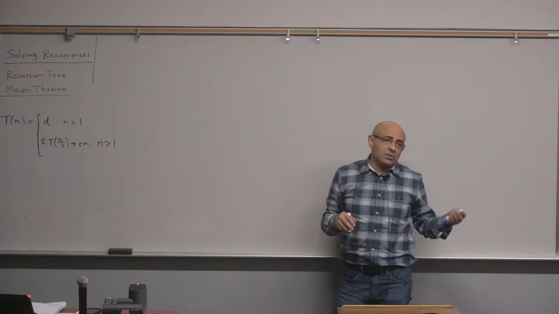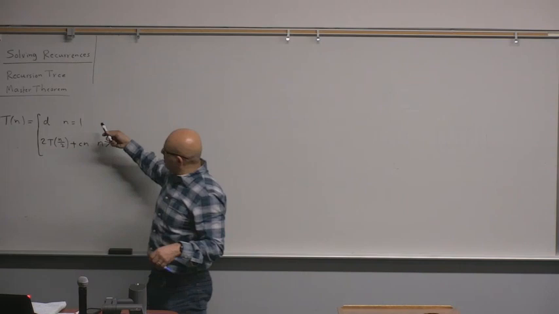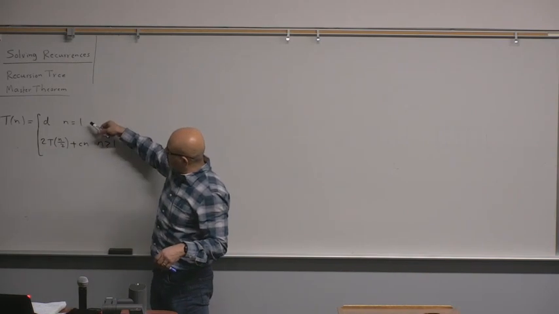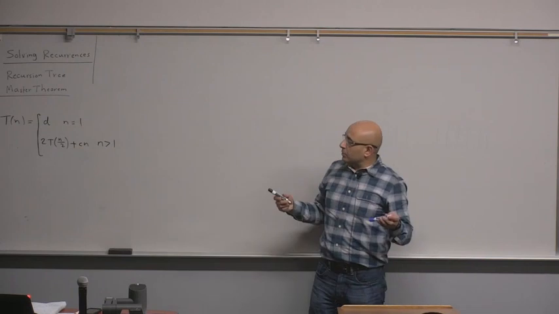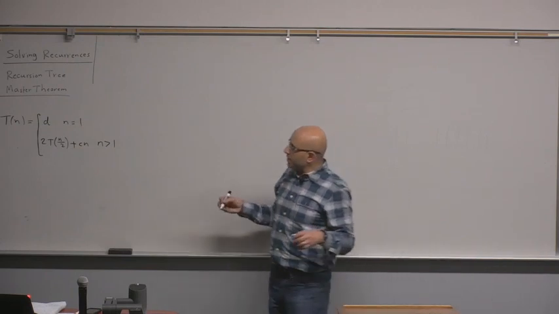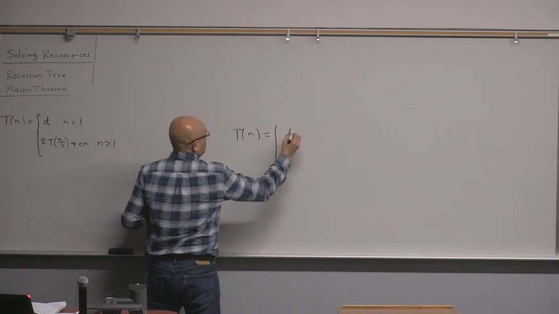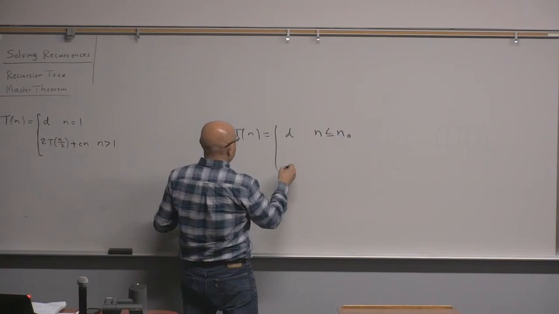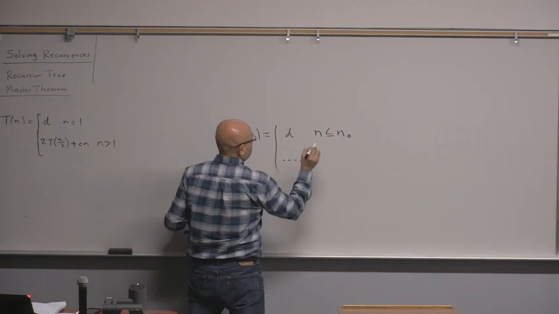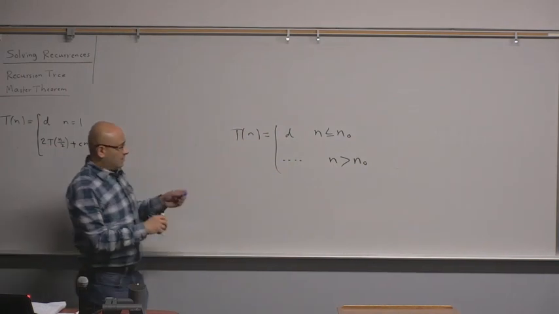It could be 1 or 0 sometimes, but no matter what, it will be a constant for n less than or equal to a certain value. So generally speaking, it's going to be T of n equals some D for n less than or equal to some n0, and some other function for n greater than n0.